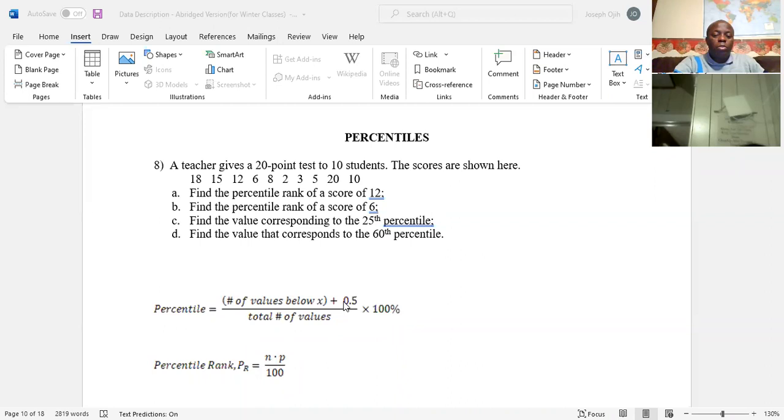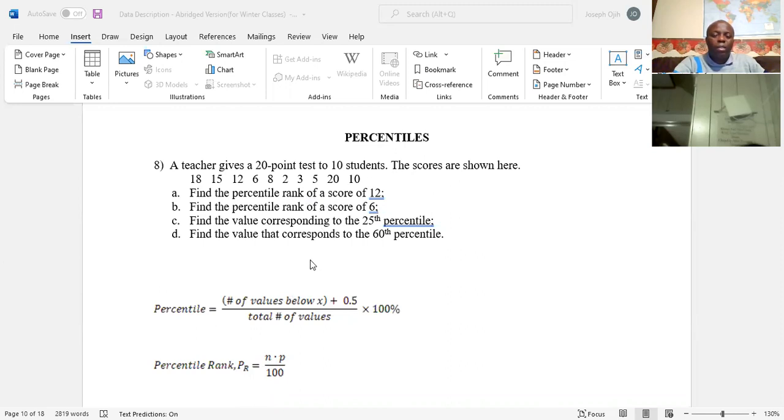In some books, they don't use this 0.5. The 0.5 is just a way of making an adjustment for moving from numbers that are discrete to continuous or vice versa, kind of a correction for continuity.